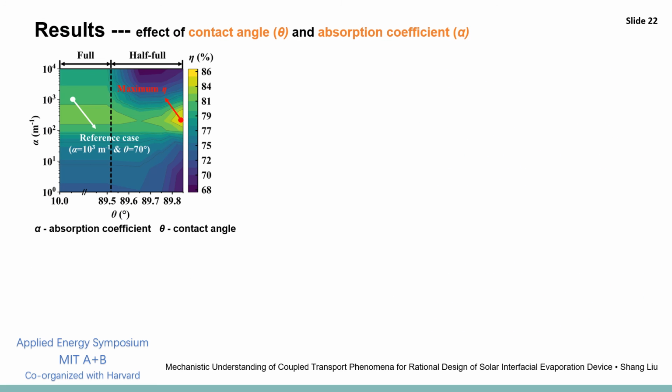And then the effect of the kinetic angle, which could tune the interfacial location, and the absorption coefficient, which could tune the waterfront, on the evaporation efficiency is shown here. Two regions, the full region and the half-full region, are also identified according to the waterfront height in the evaporator.